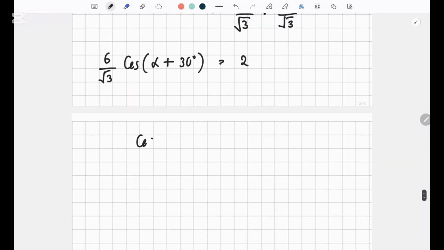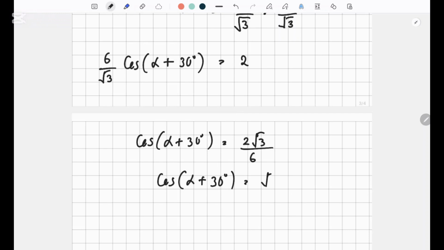So now you can find the value for alpha, right? So that's root 3 over 3.